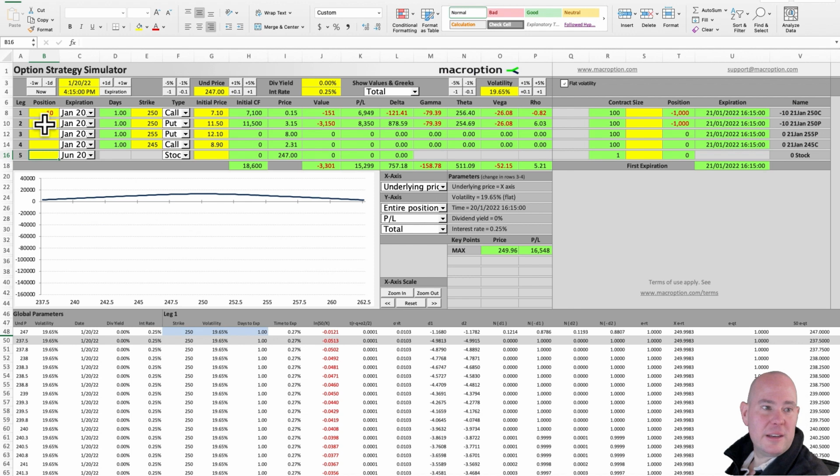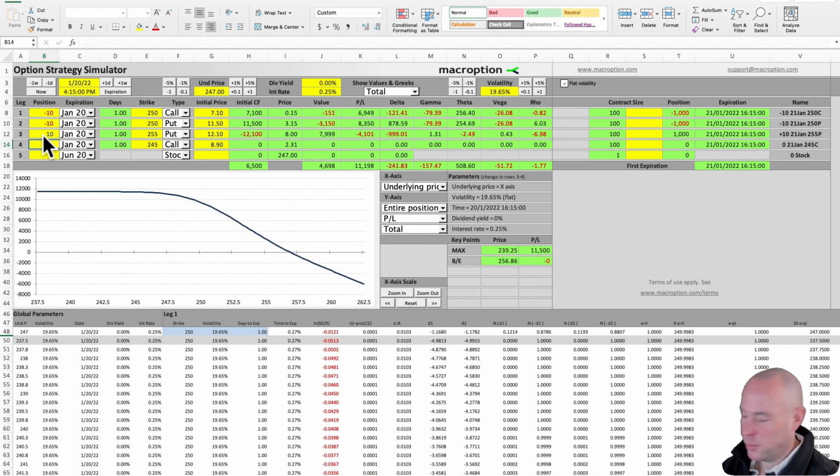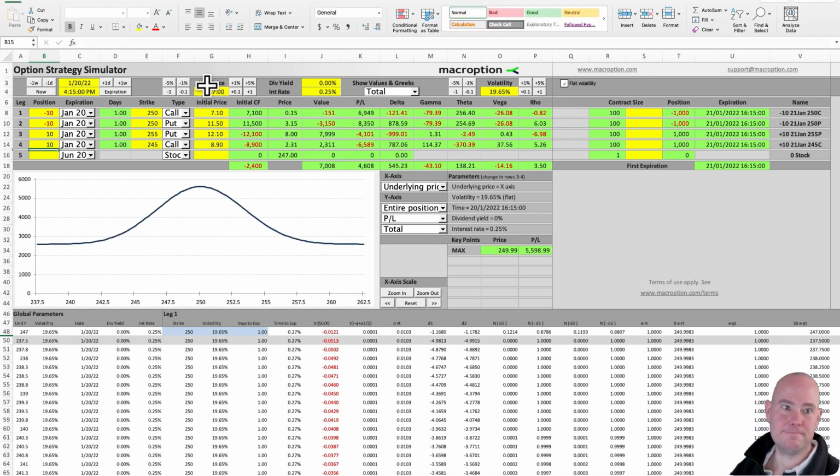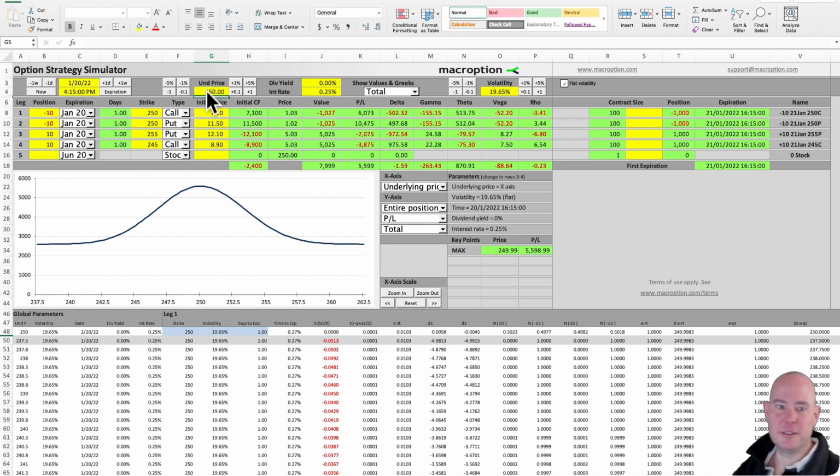Now, what is a delta flip? We hear about that, and delta flips are very important for expiration. So a delta flip is, let me show you right here. We're at 250. Actually, let me show you this way.